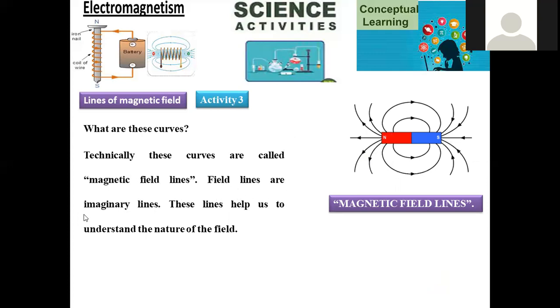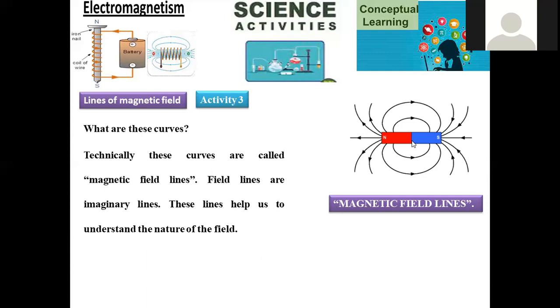Field lines are imaginary. We are just assuming that we are propagating in this manner, moving from north to south pole. In the same manner, we draw the line with a 180 degrees angle, so that will be the imaginary hypothetical line. These lines help us to understand the nature of the field, that is, how strong the magnet is.